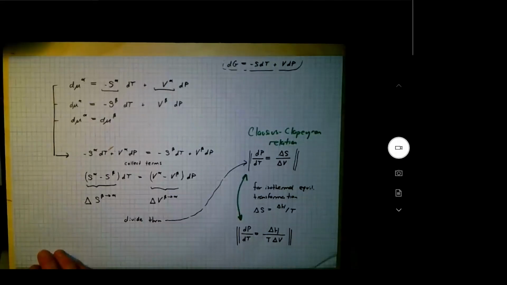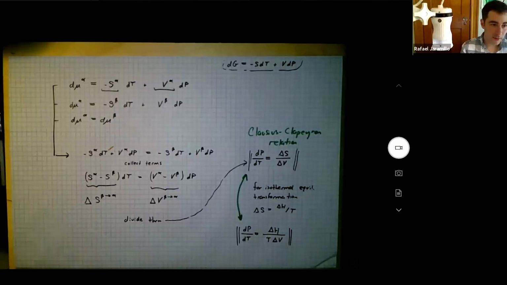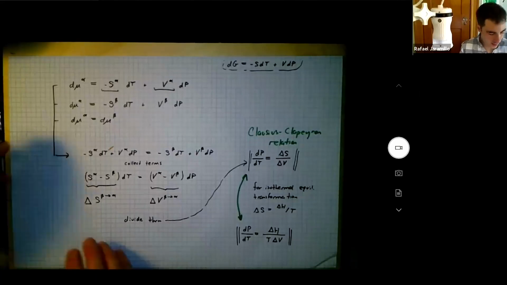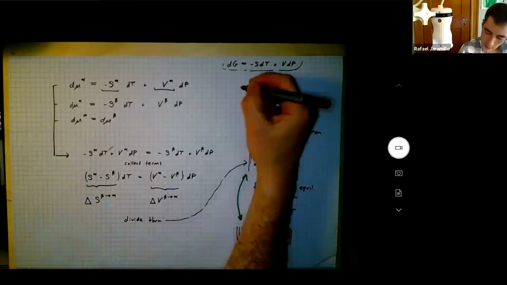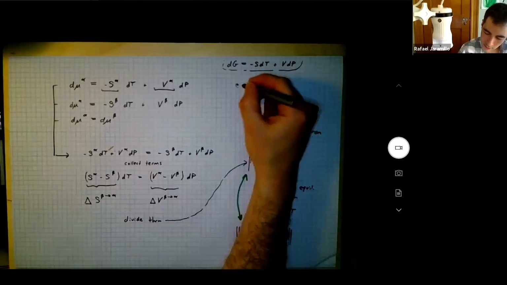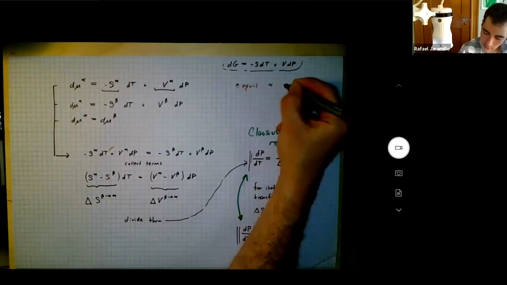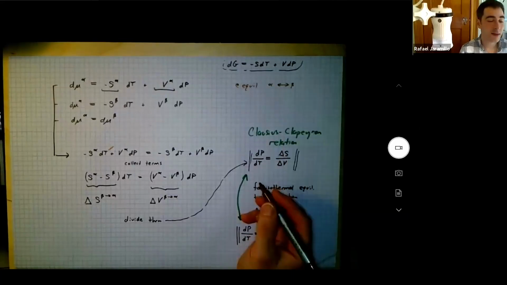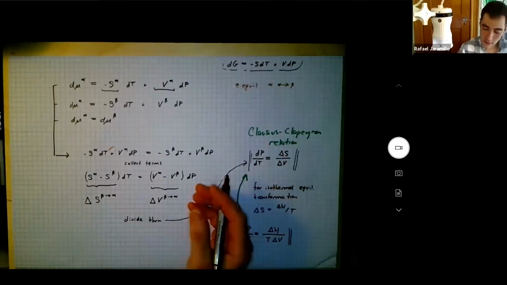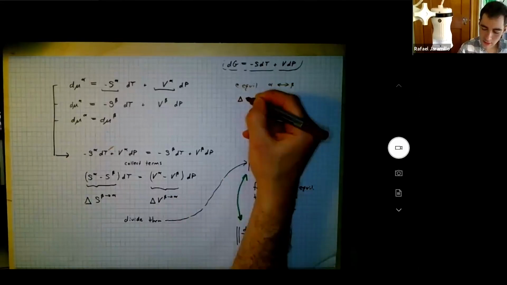Can you explain why you specified the isothermal equilibrium transformation case? Sure. When we have an isothermal transformation at equilibrium, if alpha and beta can transform to each other at equilibrium, which is almost the meaning of coexistence, then delta G has to be 0.